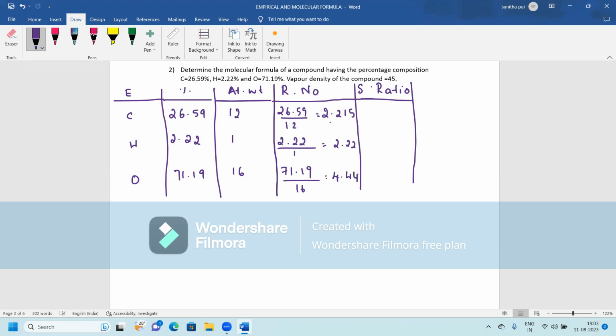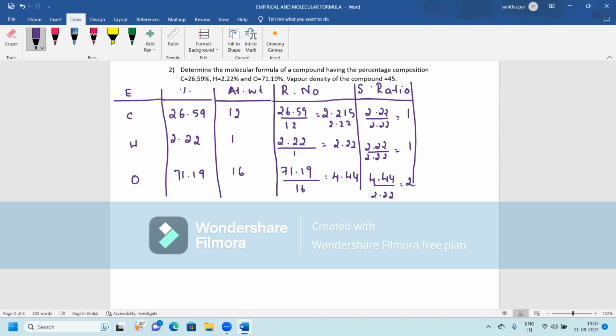The first one I can round it off as 2.22 now. So lowest number is 2.22. Divide all the numbers by the least number, the lowest number. That is how we calculate the simple ratio. See, I'm done with it. And here you get 1, 1, and then 2, right?